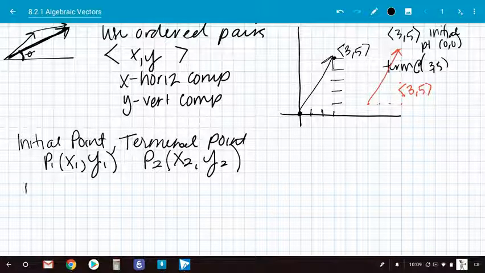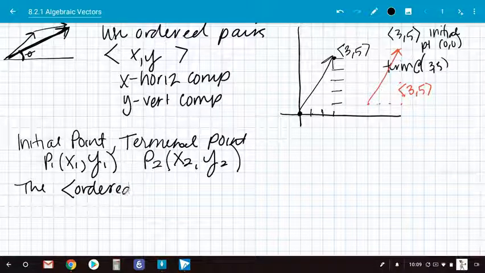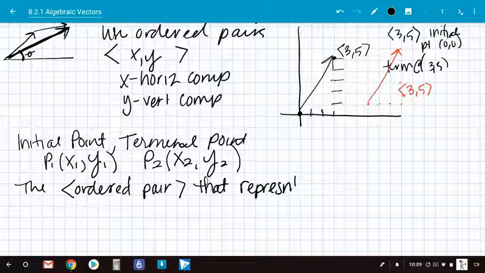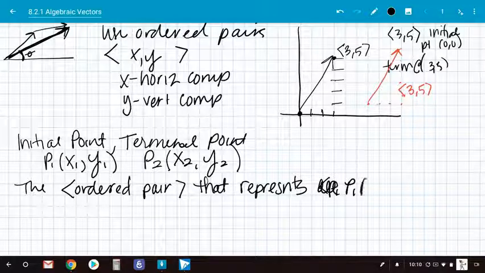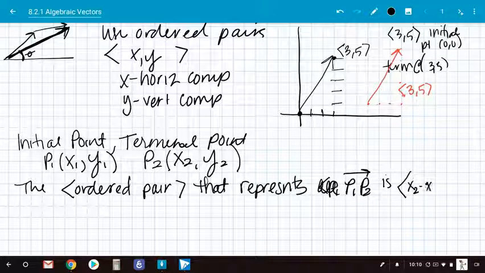The ordered pair in pointy brackets that represents the vector P1P2 is kind of like the distance formula. We just subtract the points.